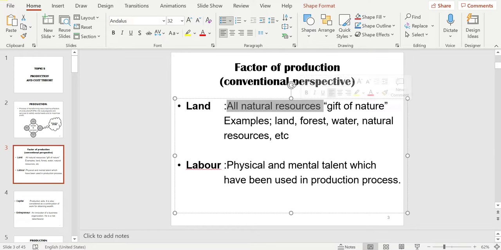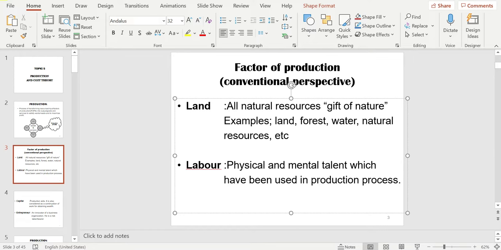This thing we don't produce because it is already available in the world. For example, the land, forest, water, all natural resources, petroleum, coal, anything inside the world that we did not produce, but Allah subhanahu wa ta'ala produced on our behalf.